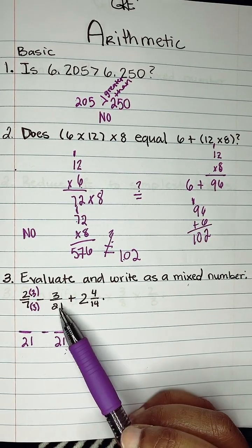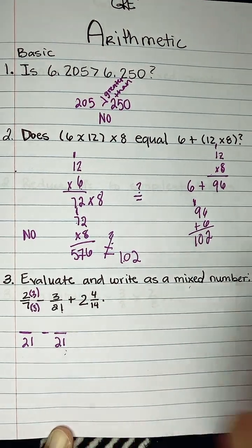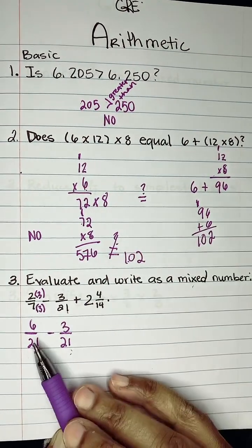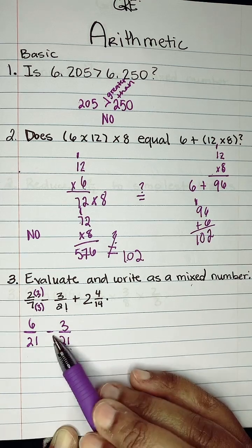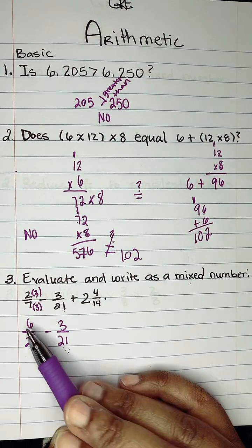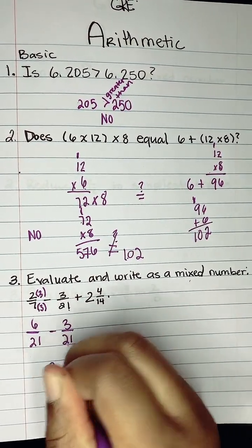And so 7 times 3 is 21. And then 2 times 3 is 6. And then we'll just leave this the same. And now that we have the same denominator, we can minus our numerators. So our tops, okay? Whenever I say numerator, that means tops. So 6 minus 3 is 3 over 21.